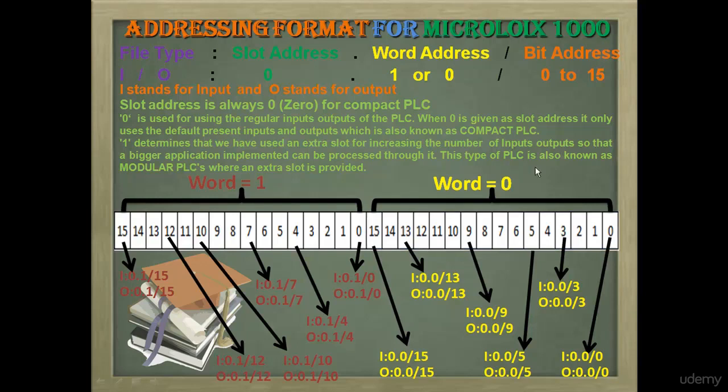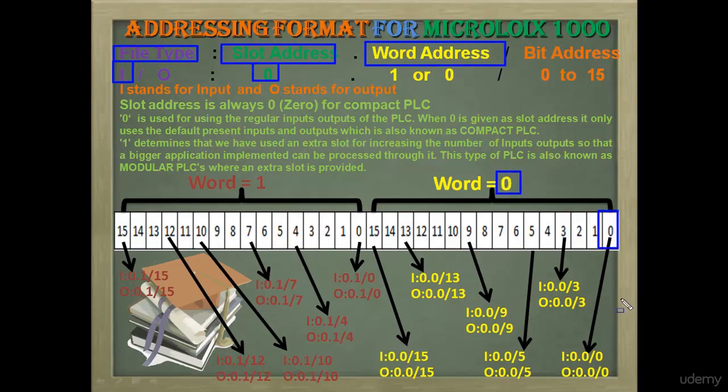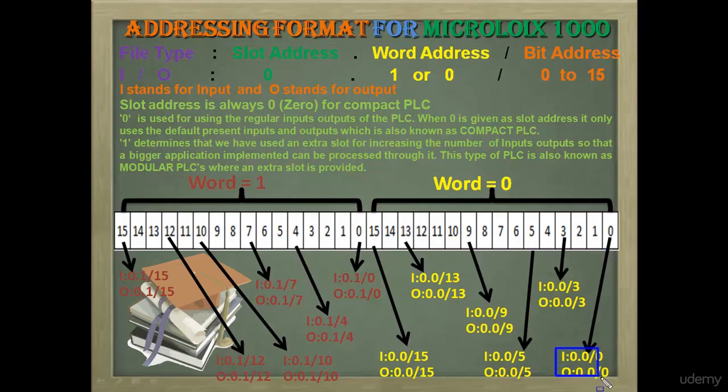Examples of how to write an address of inputs and outputs. Addressing for the bit 0. For the bit 0, we give the input addressing like this: file type is I, slot address is 0, word address 0 and bit address 0. So the address is I colon 0 dot 0 slash 0.